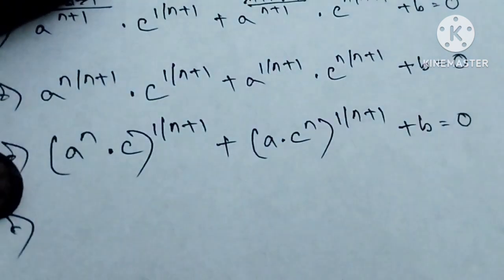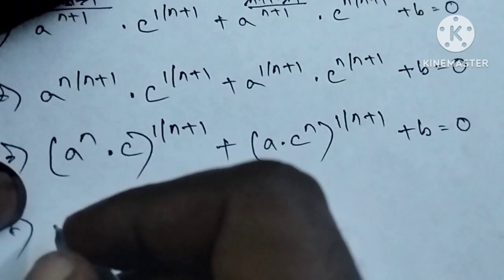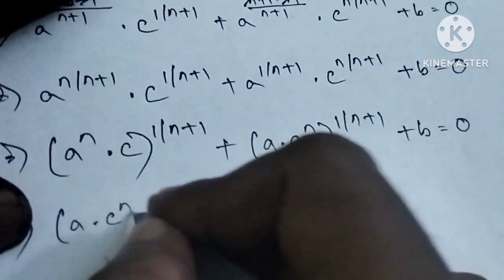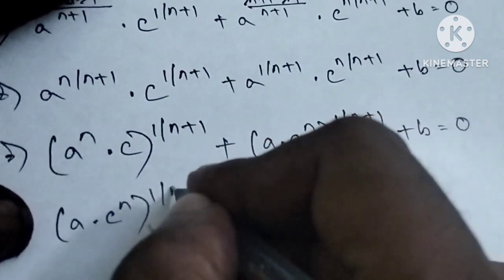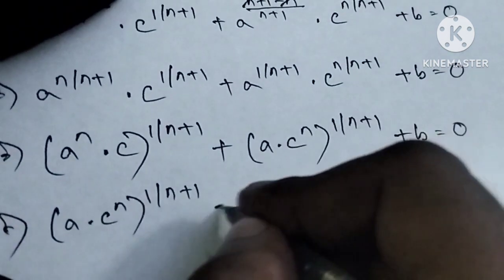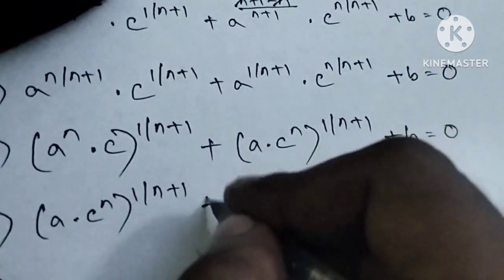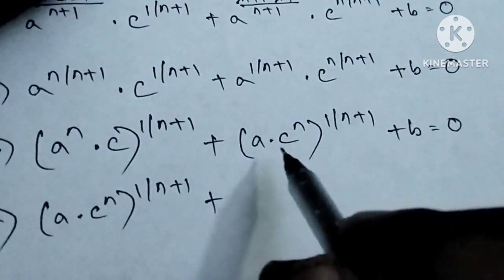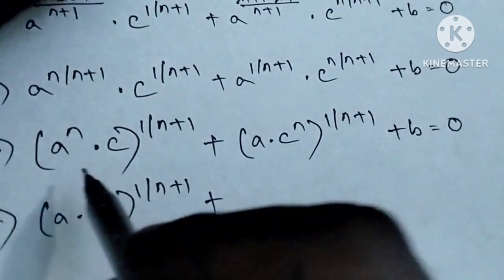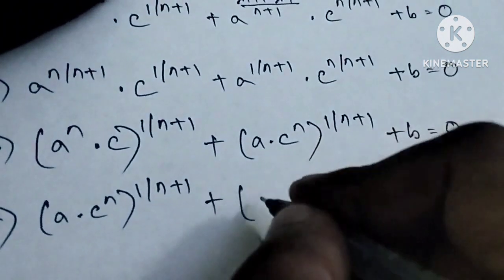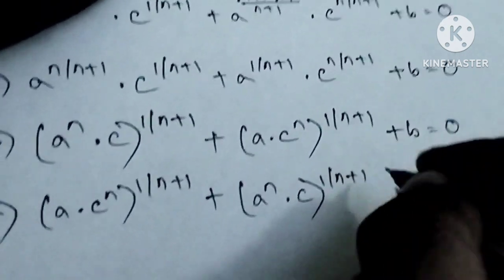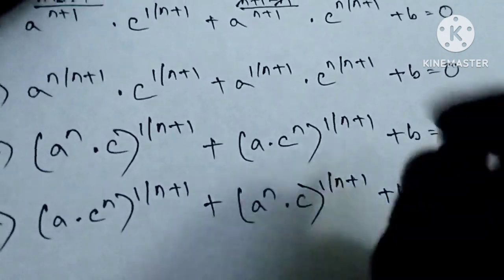So this can be written as a into c to the power n, whole to the power 1 by n plus 1, plus, I am writing the second term at first, then this term, a to the power n into c to the power 1 by n plus 1, plus b is equal to 0.